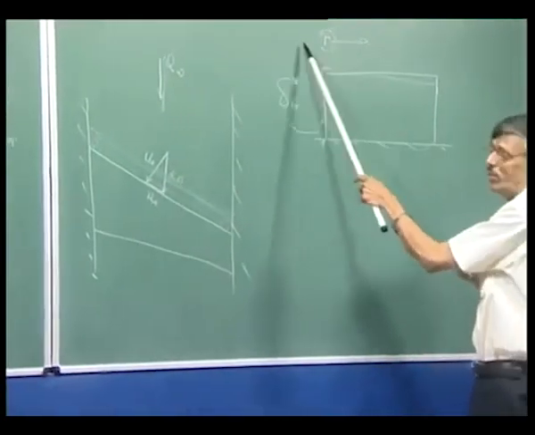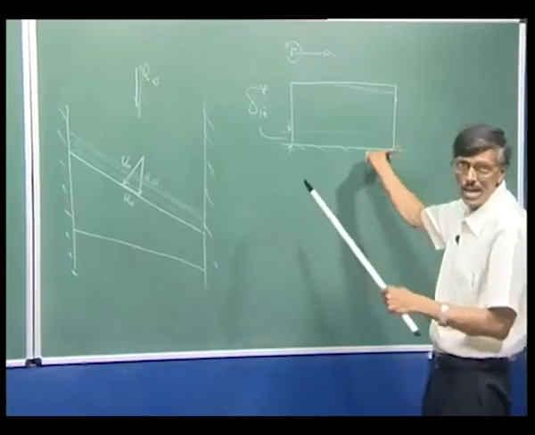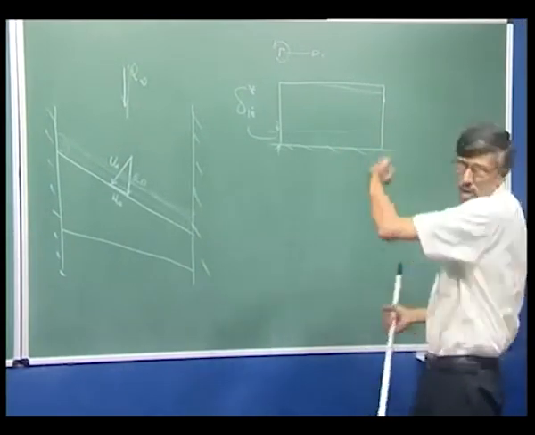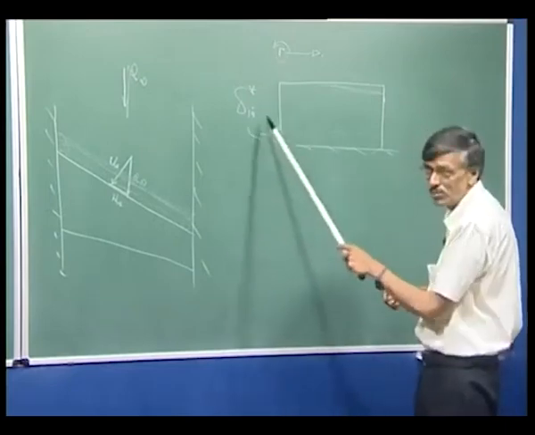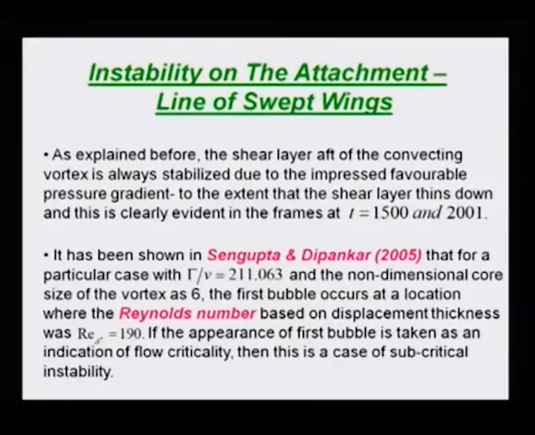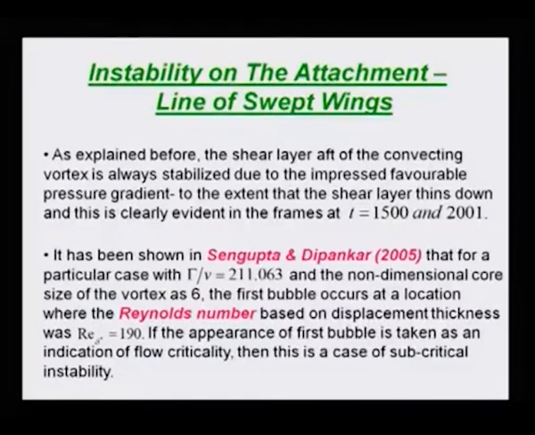If it is counterclockwise, it creates an adverse pressure gradient ahead, the action of scouring. That is what we explained, right? It tries to lift off the shear layer. At the same time, behind this vortex, what does it do? It tries to push it down. So, what will happen? You will see a kind of a thinning down of the shear layer, and that is what we saw in the last two frames.